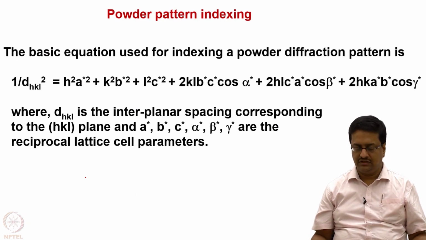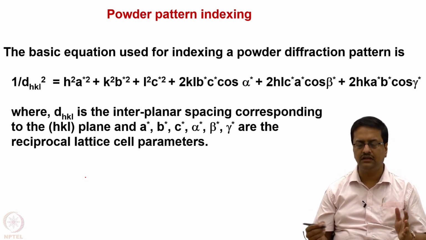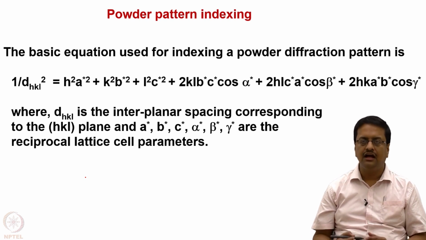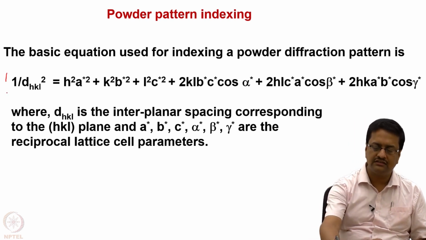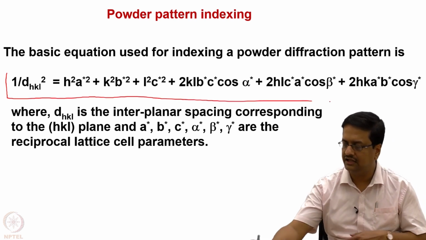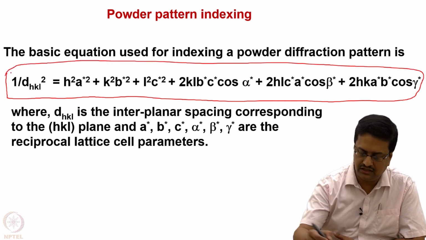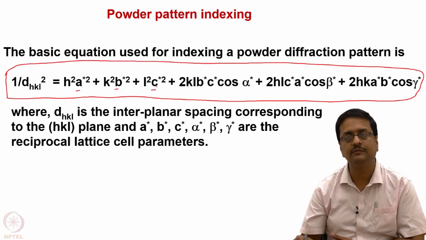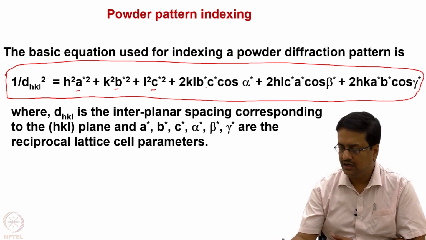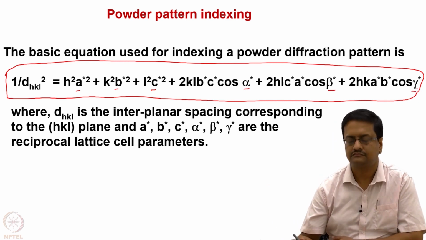So during the process of indexing, once again we use the condition of Bragg's law in reciprocal space, and all of us now know this particular relation between 1 by d HKL with the HKL and the reciprocal lattice parameters a star, b star, c star and alpha star, beta star and gamma star.